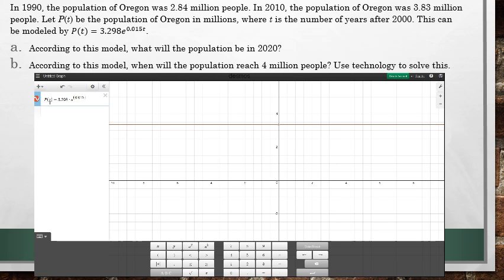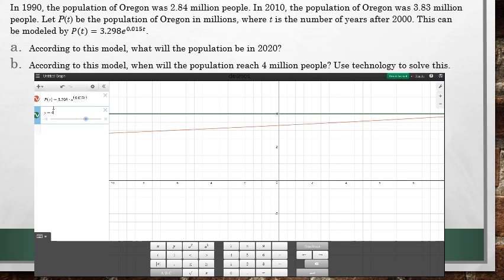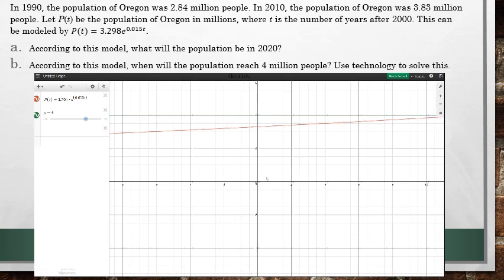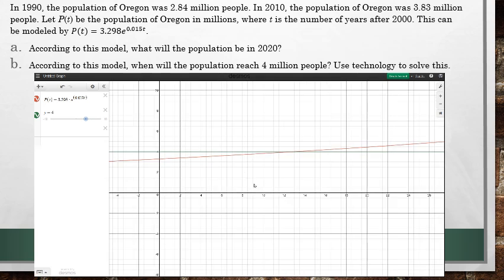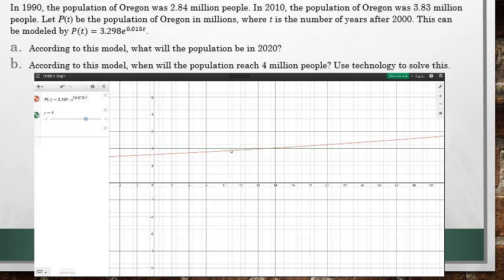Now we want to see when this population is going to reach 4 million people. So that's when P of t equals 4. I'm going to type in y equals 4 and see when these two lines intersect. I'll have to scroll around and zoom out so we can see all of our function.